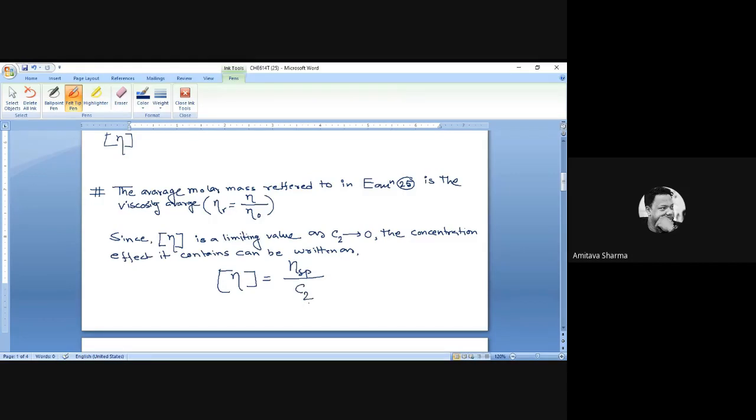We can write the specific viscosity like that; this is equation 26, as our discussion goes on.